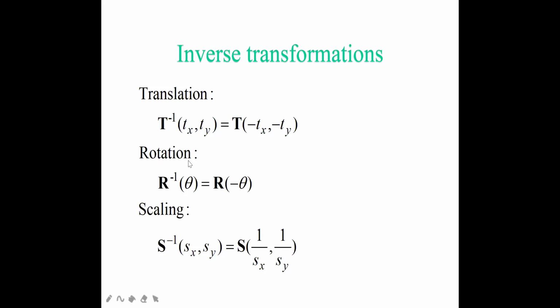Similarly, if I want to apply the inverse transformation for rotation, I write R inverse of theta, for whatever angle is prescribed, and the value will be R of minus theta. For scaling also, S inverse of sx, sy equals S of 1 by sx, 1 by sy. So this is the value.